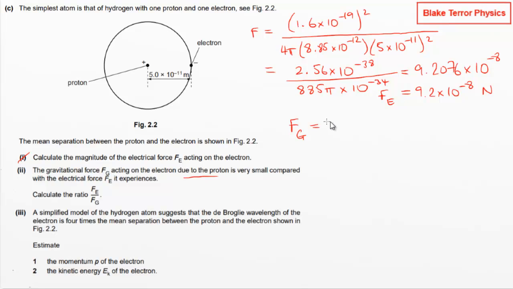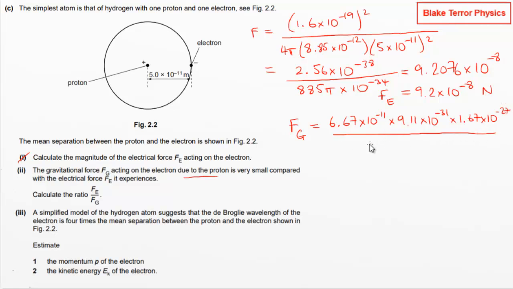The universal gravitational constant is 6.67 times 10 to the minus 11. Then we need the mass of the electron, 9.11 times 10 to the minus 31, multiplied by the mass of a proton, which is 1.67 times 10 to the minus 27.